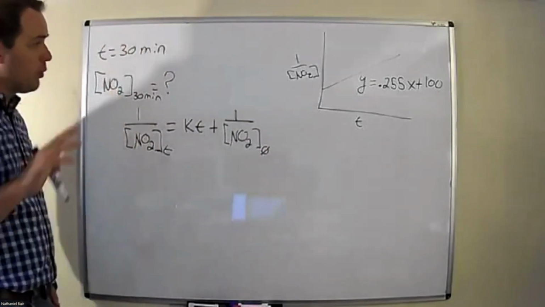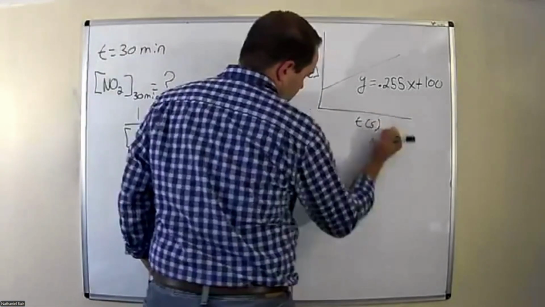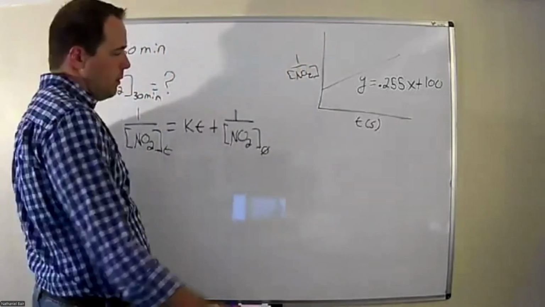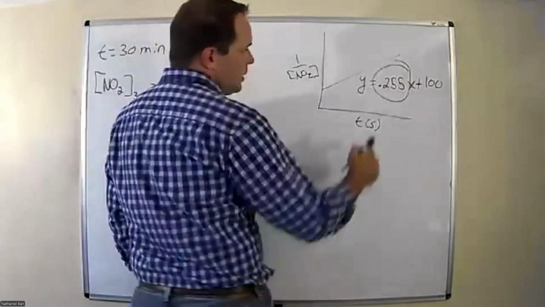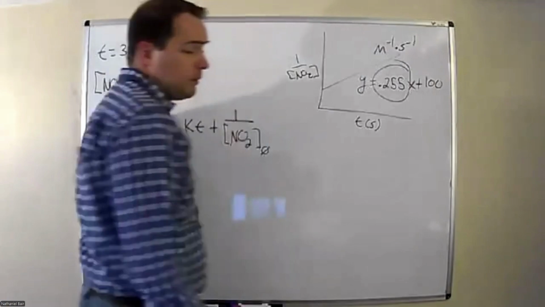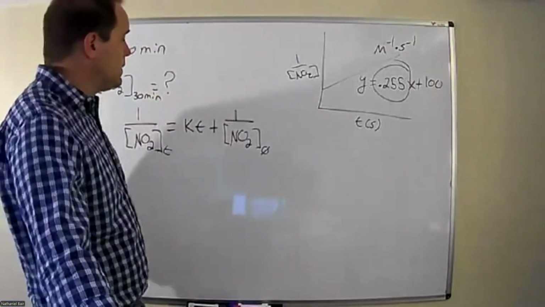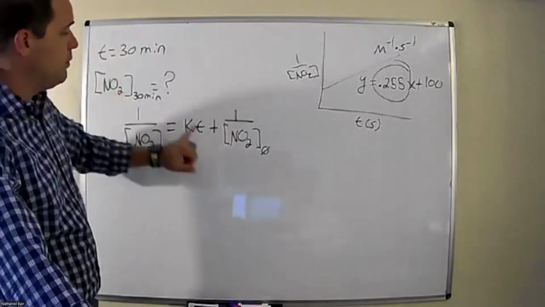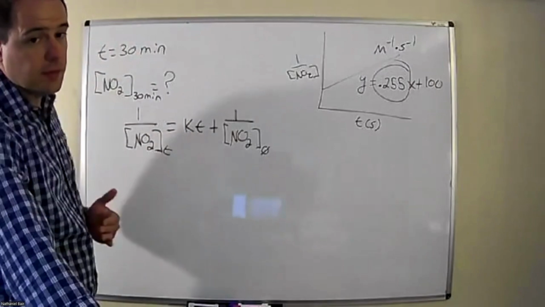Okay, here's our problem. This graph was in seconds. The time was in seconds if we go back and look. So this rate constant is going to have units of molar to the negative first times seconds to the negative first because it's second order. So the problem is I cannot plug a time in minutes when my rate constant is in per second.